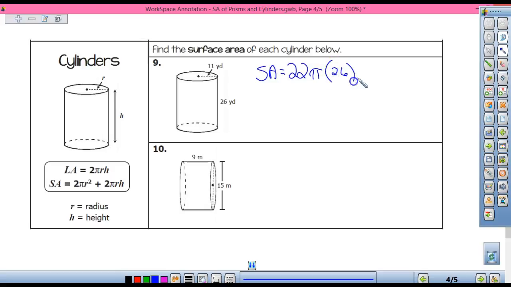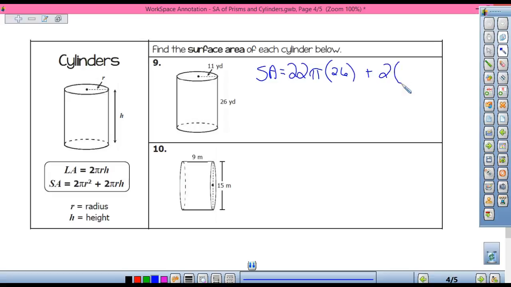26, plus the area, or 2 times, what's my area? How do I find the area? What's the area of a circle, you guys? We just said it. Pi r squared.